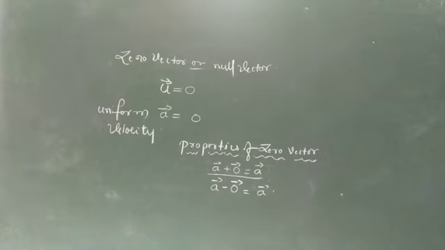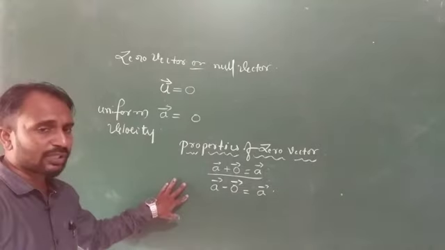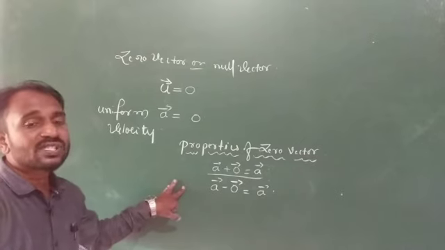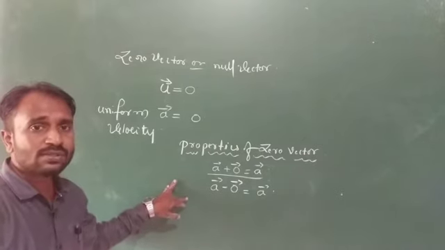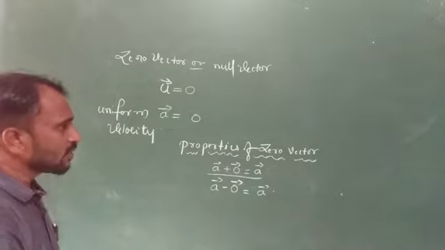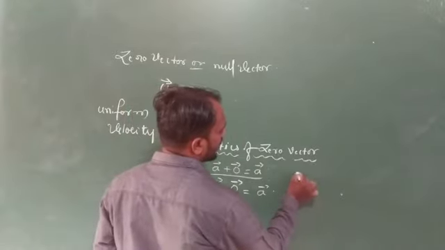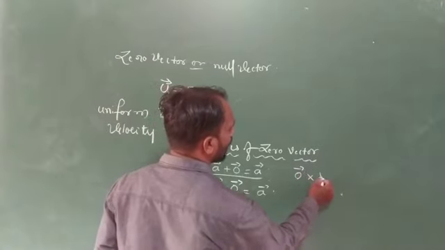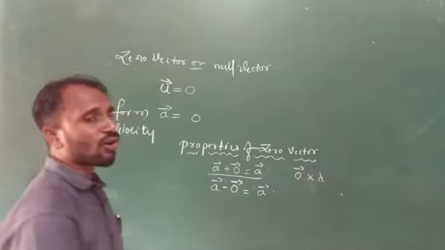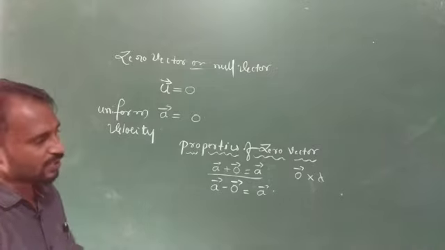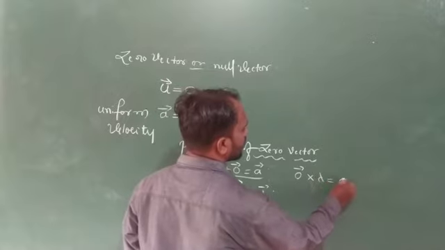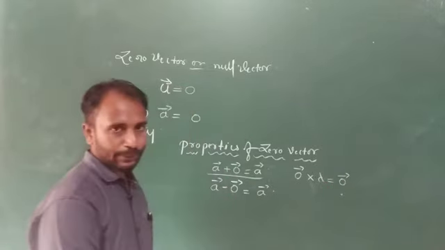Next, multiplication of a null vector by a non-zero scalar. Here we consider a null vector or zero vector multiplied by lambda, where lambda is a non-zero scalar quantity, a particular number. It is always equal to a null vector.